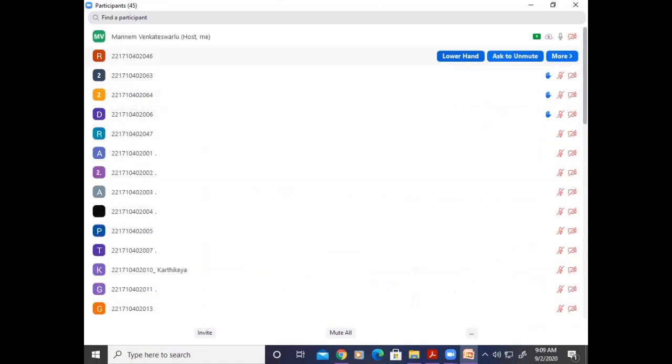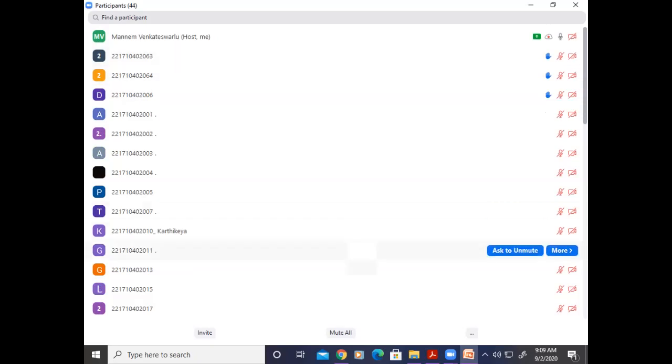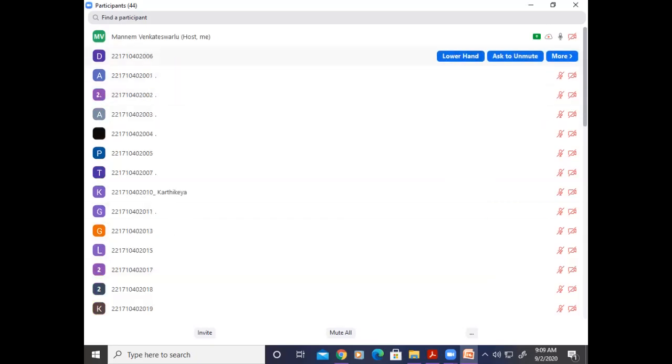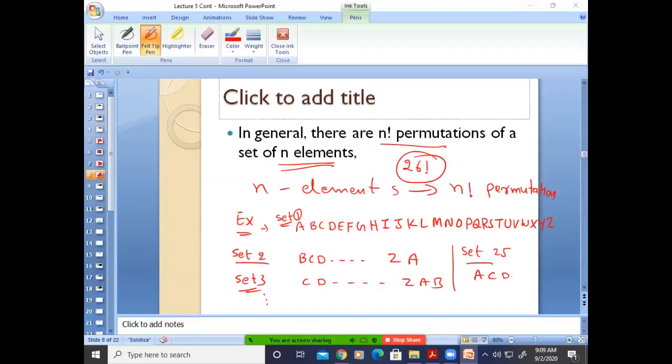Yes, sir. With so many combinations, maybe we can decode after a long time, but compared to the first one, it is difficult. With only 25 or 26 keys available, we can easily get the actual plaintext.